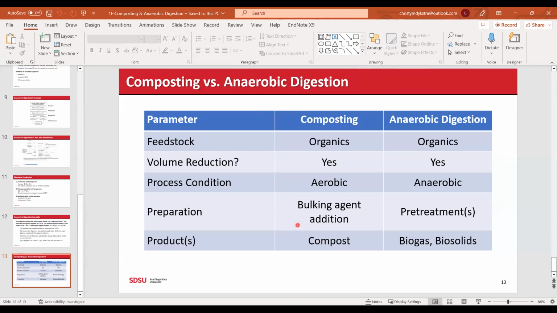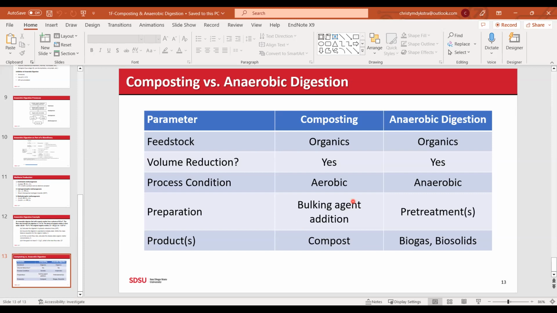What we're going to do, so we have composting, and I'll try to make this easy for you to see. I know the lighting's not great. I encourage you to read through the composting example problem that's posted.